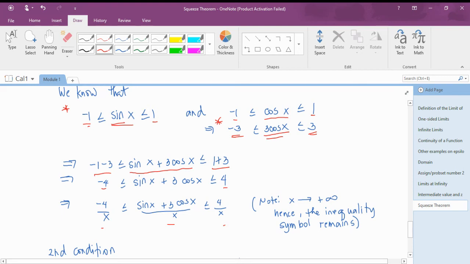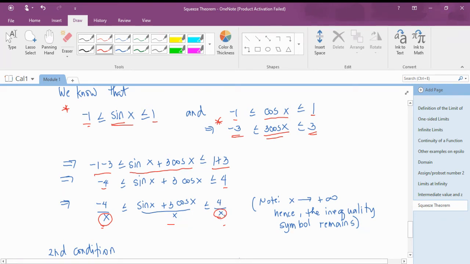So magdi-divide din tayo ng x sa left at saka sa right side. Okay, so take note, yung x natin, ina-approach niya si positive infinity. Okay, hence, the inequality symbol remains. Kasi, yung dinedivide naman natin na x ay sure tayo na positive. So, never siyang magiging negative.